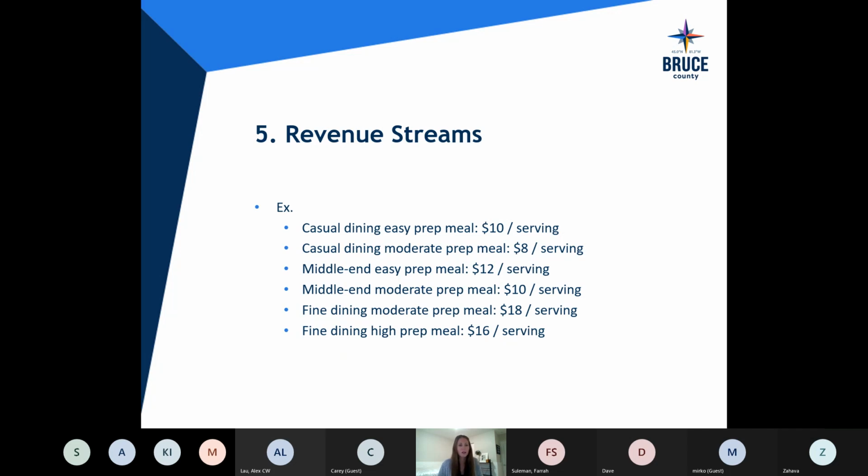So maybe it's a low-fat burger or a chicken burger on a gluten-free bun with lots of salad for the side and a balsamic vinaigrette dressing instead of ranch, etc. But it's an easy prep, meaning everything comes already cut up. They don't have to do much work. I'm going to charge $10 a serving.